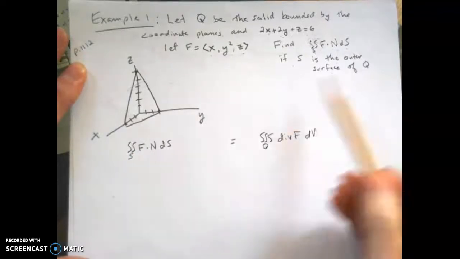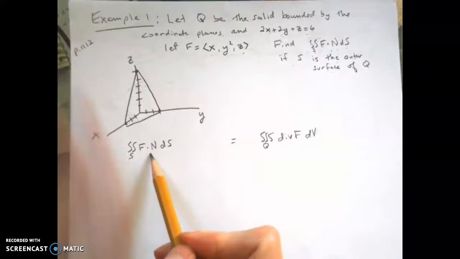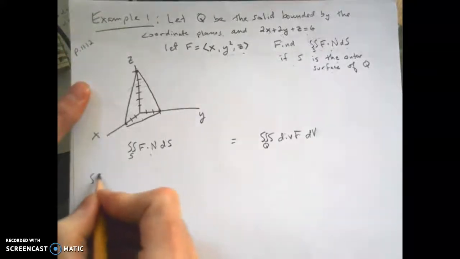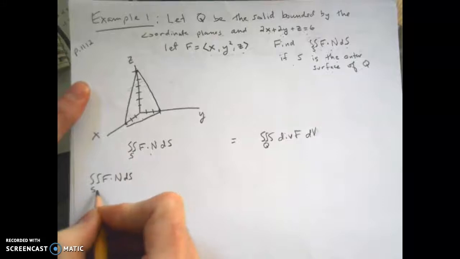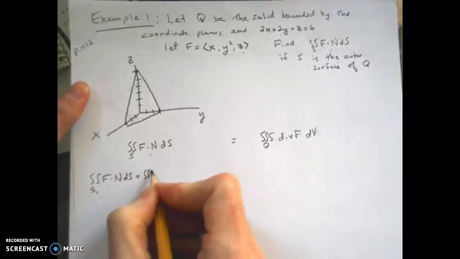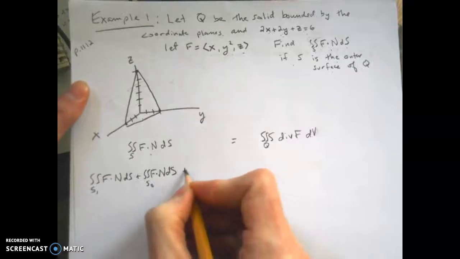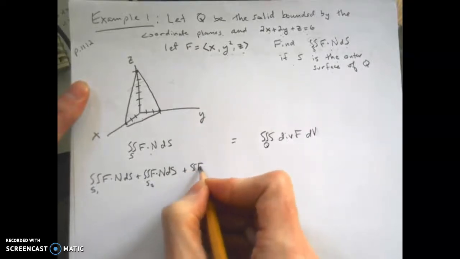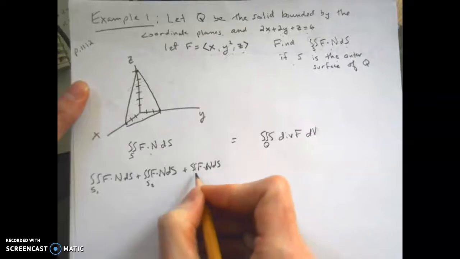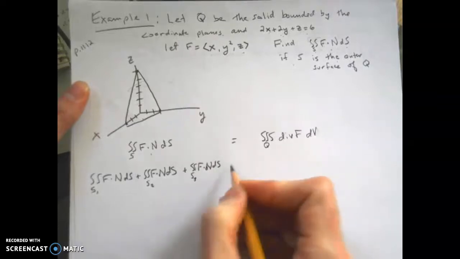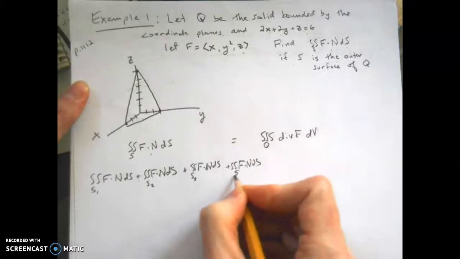Now, if we were going to evaluate this directly, we would have to do this over 4 surfaces. We'd have to do the double integral of F · n dS over S1, plus the double integral of F · n dS over S2, plus over S3, plus the double integral of F · n dS over S4.